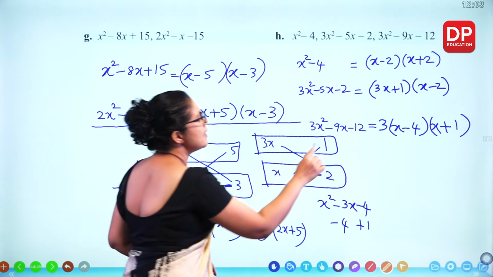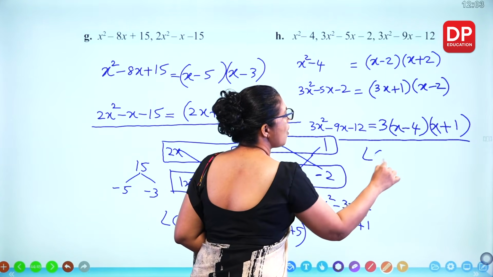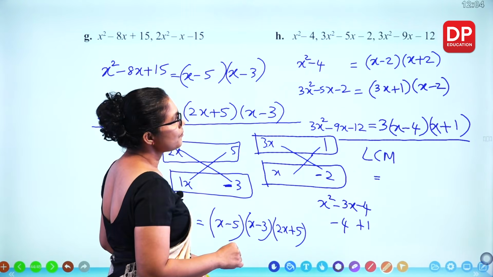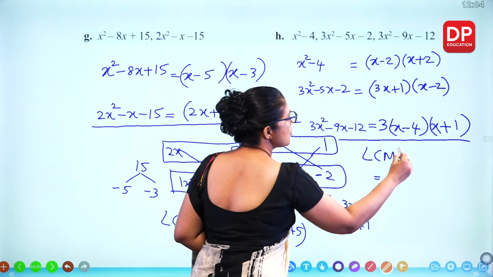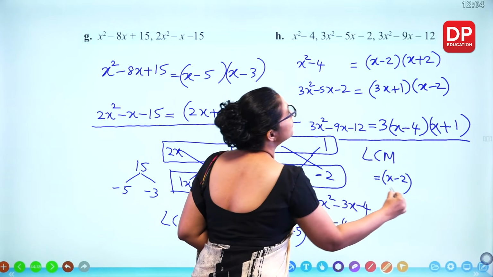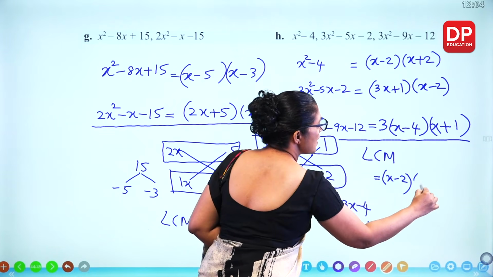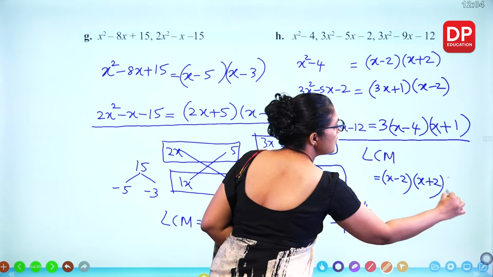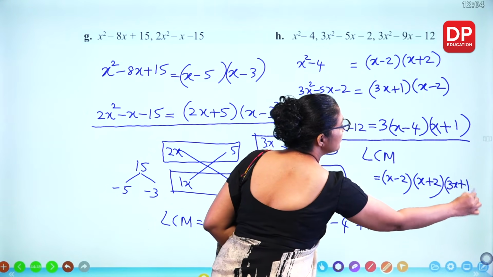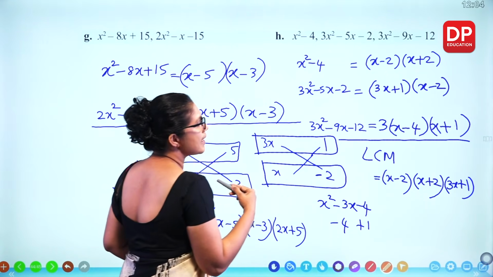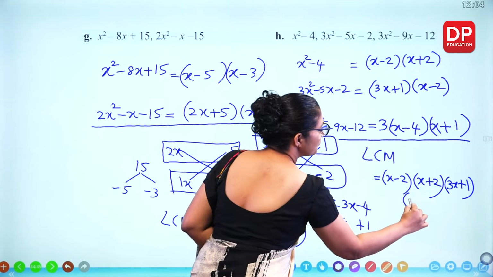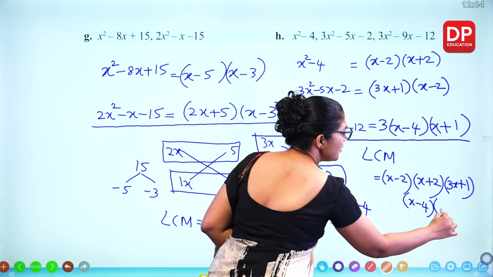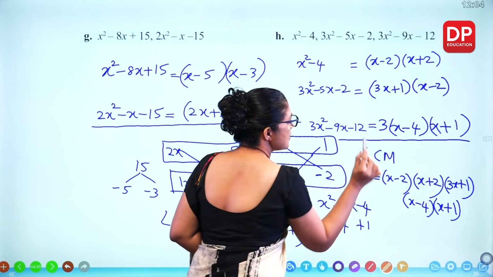Now we'll look at the lowest or least common multiple. So what's the least common multiple? We see x minus 2 is there, x plus 2, 3x plus 1 and x minus 4, and also there's x plus 1 and there's another 3.